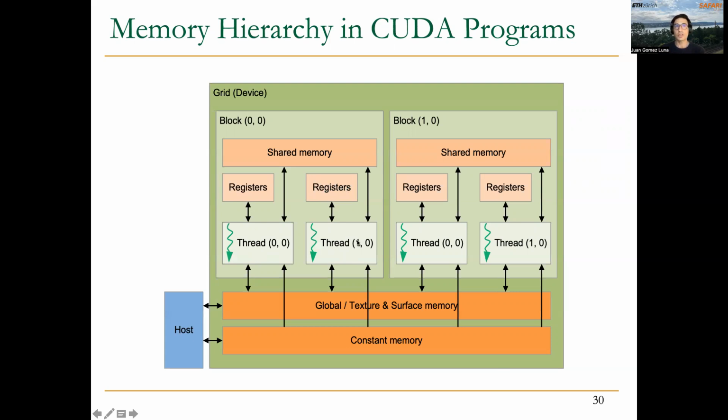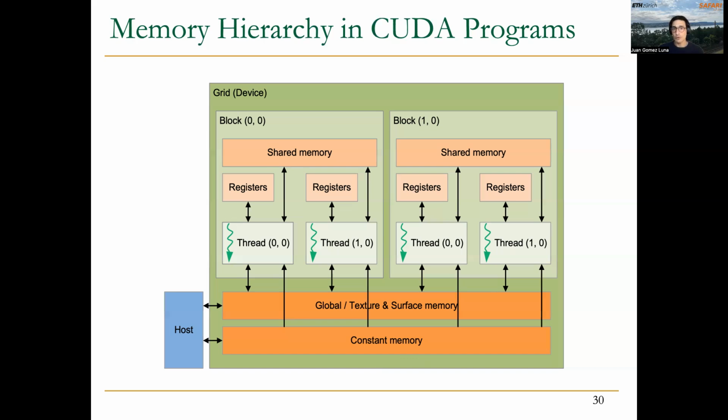Threads that belong to the same thread block can access the same data in shared memory, and threads in different thread blocks can access the same data or different data from the external off-chip memory that is called the global memory, and also from the constant memory that is allocated also in the off-chip memory, but can be cached inside each SM, as we have seen in a previous slide. So how are we going to use these different memory spaces?